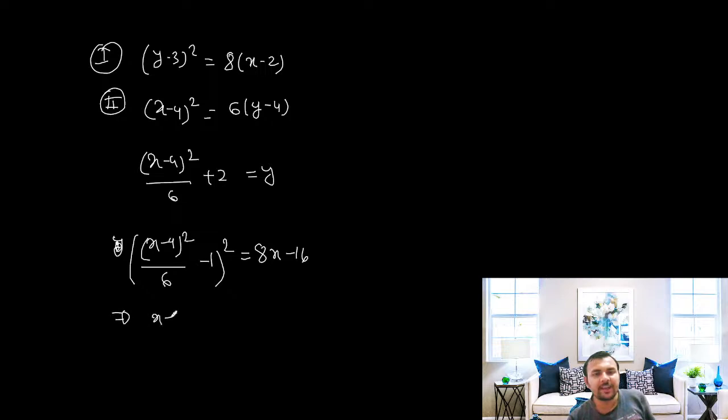This is (x - 4) whole square minus 6 whole square equal to 36 into 8x minus 128.